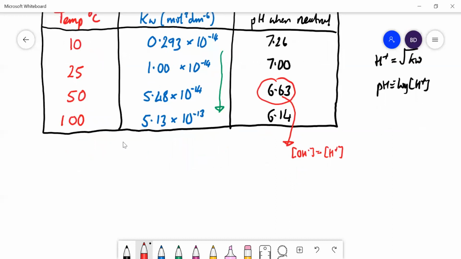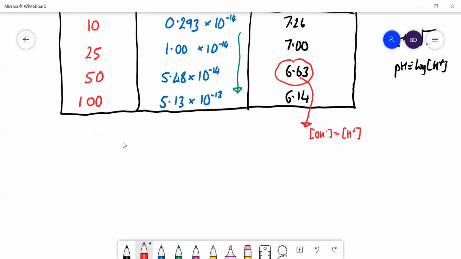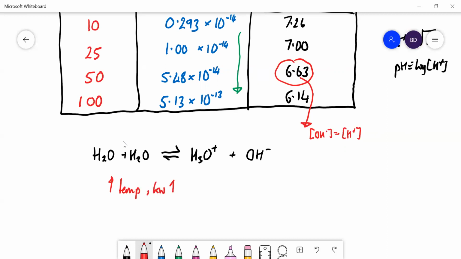Okay, let's see what Le Chatelier would have to say about this then. I'll write this down properly: H2O plus H2O goes to H3O+ and OH-. Well, we can see that if we increase the temperature, Kw increases.